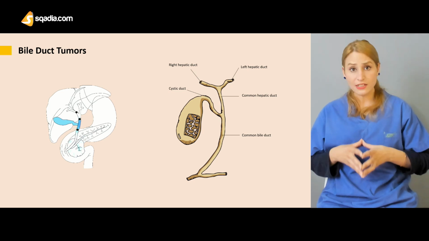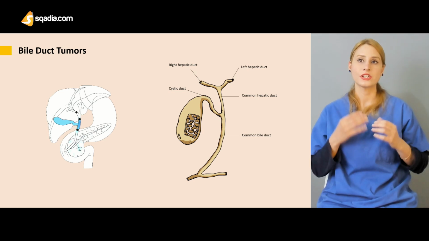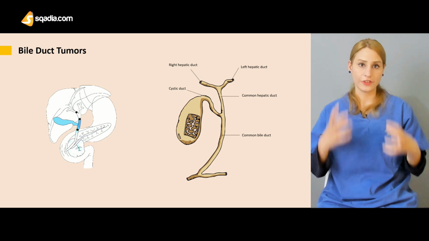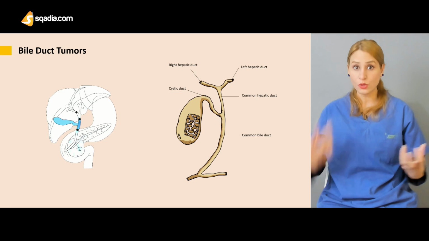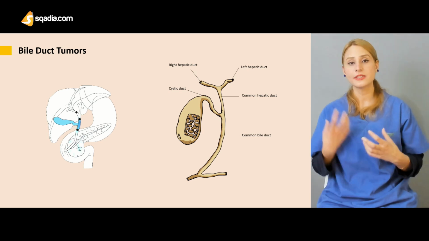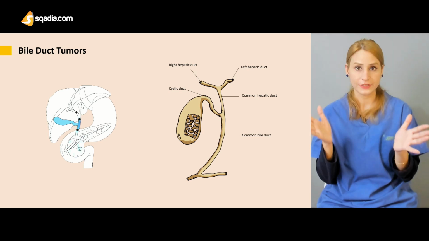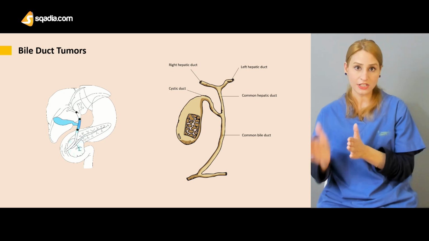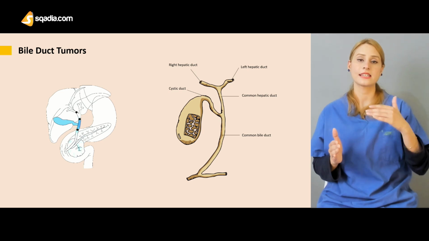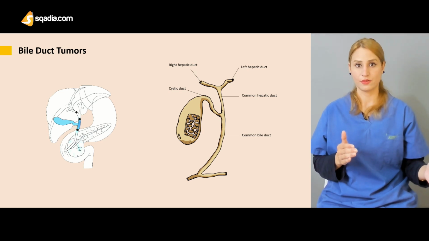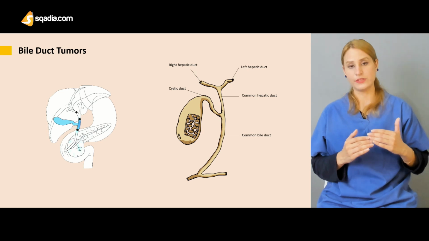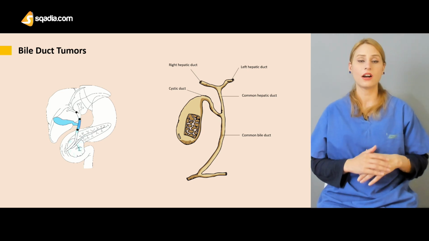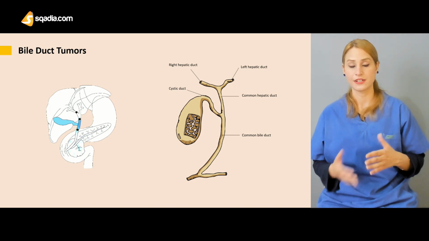Now, there's another classification of the tumors that is based upon the location. The carcinoma involving the intrahepatic ductal portion is called intrahepatic cholangiocarcinoma, and all those tumors which are outside of the liver are called extrahepatic cholangiocarcinomas.